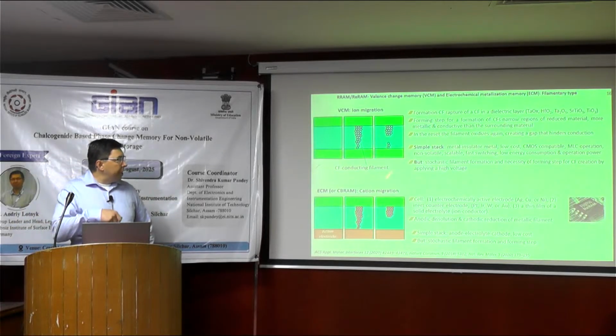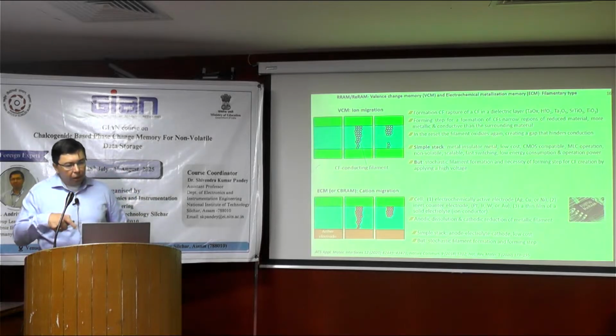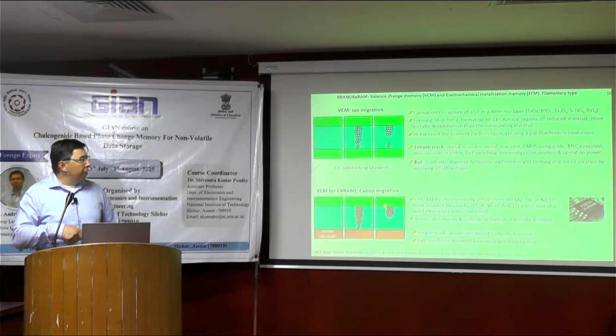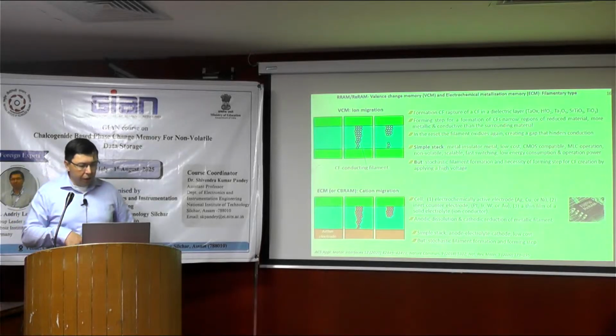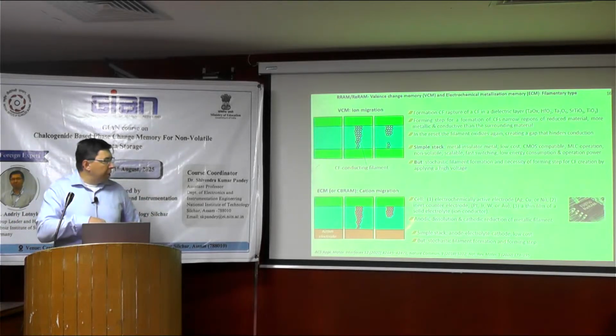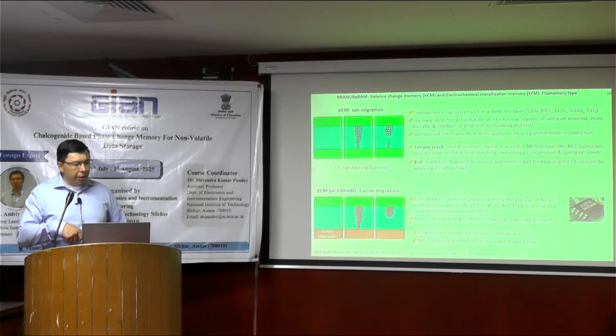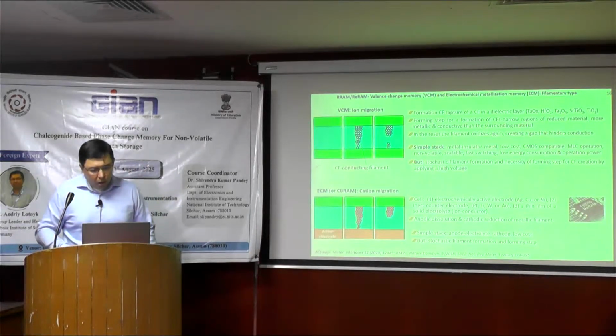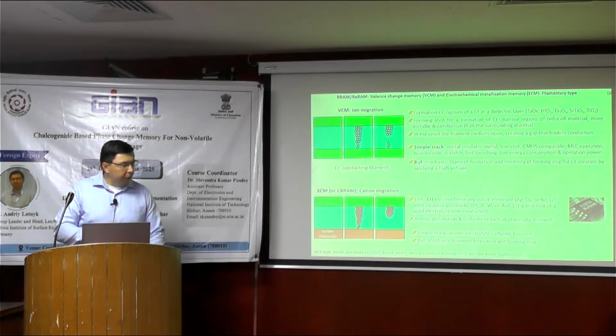Again, we need to apply a high voltage to form the first filament, and then we use this filament to achieve the low resistance state or high resistance state. The advantage is a very simple stack, consisting of anode, electrolyte, cathode. It's low cost, but again the problem is the stochastic filament formation and forming step.